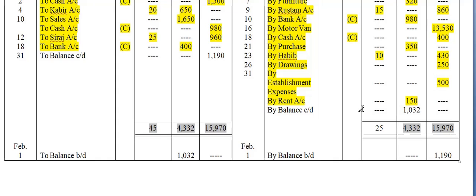When it is brought down, it will be towards the debit side as balance BD. And this CD, which is lying towards the debit side, when you bring it down on the next date, next month, will go towards the credit side. So in this particular question, the bank is having the overdraft balance, or the negative bank balance.